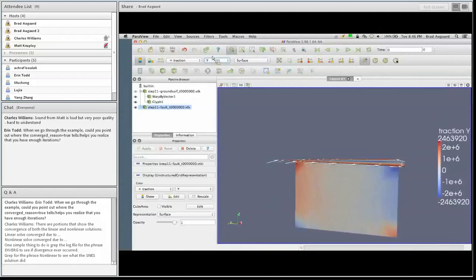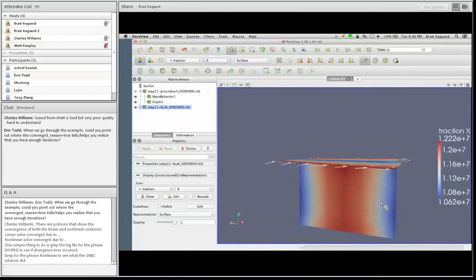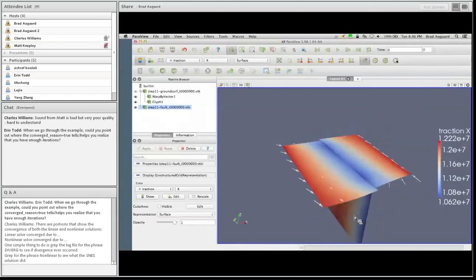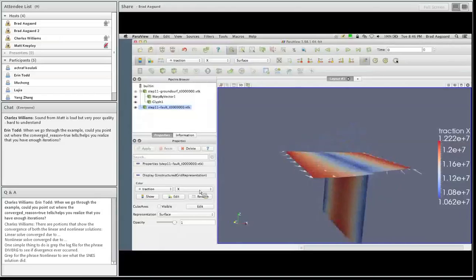And notice our Y tractions are much, much less than our X tractions and Z tractions. So these aren't X, Y, and Z. Z is the normal traction, X is the horizontal shear traction. So there's what we have for our faults.